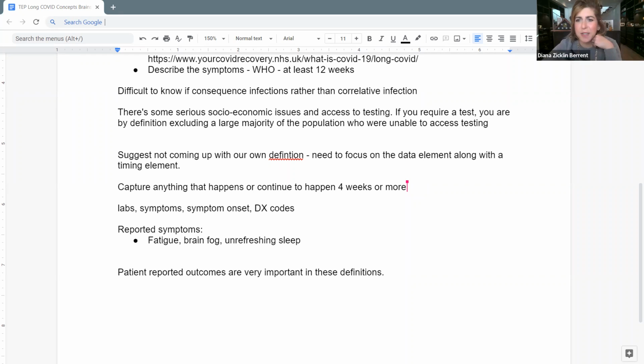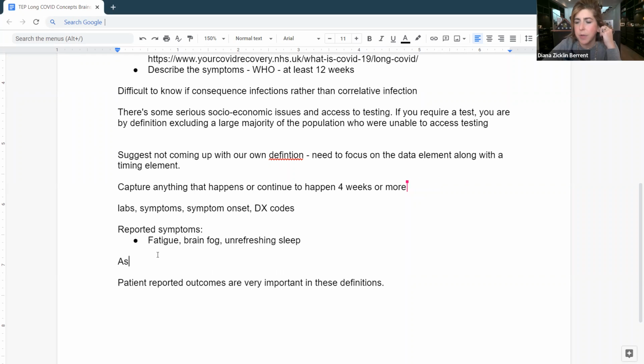Yeah, sorry, I don't know how to use the hand up function. So I agree with what Jenna said earlier. I think that there are a lot of permutations that we need to consider. One are people who had asymptomatic cases and don't realize that it's COVID related symptoms that they're having for several months afterwards.